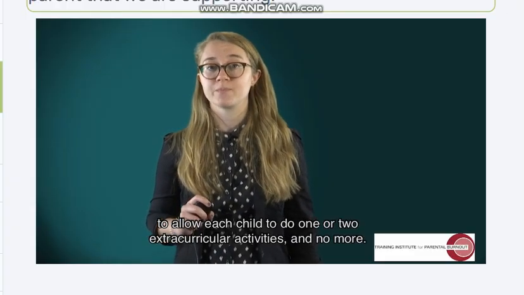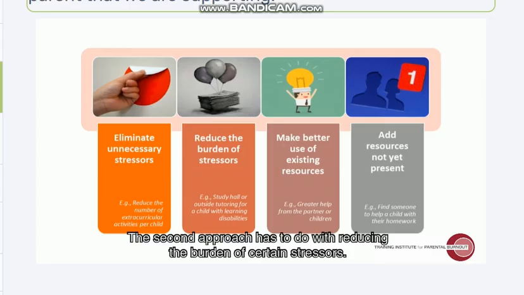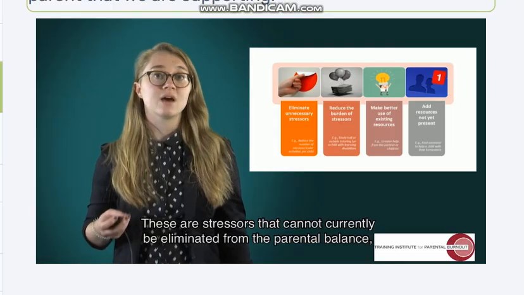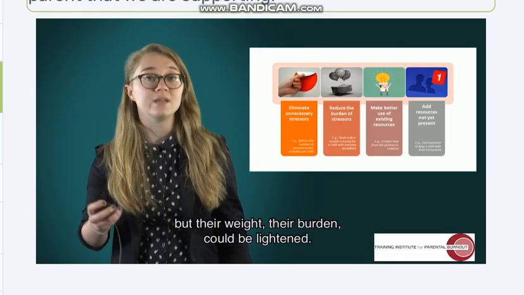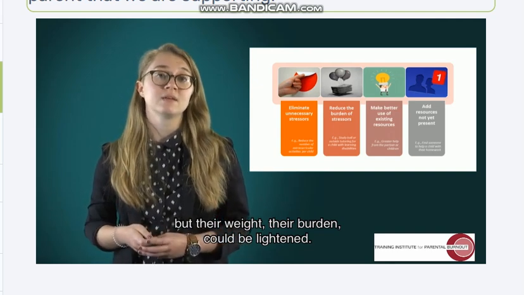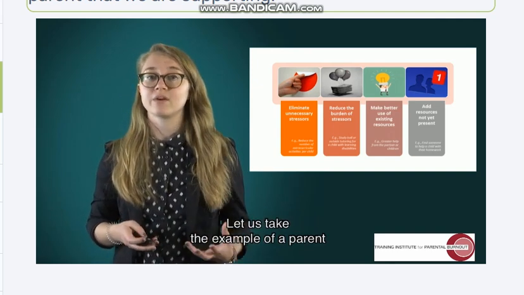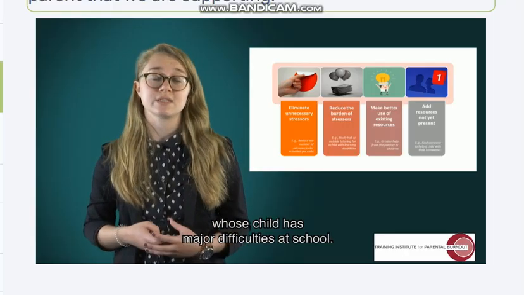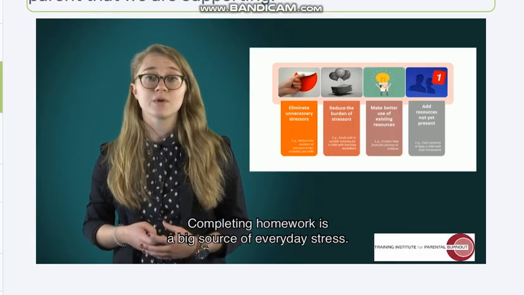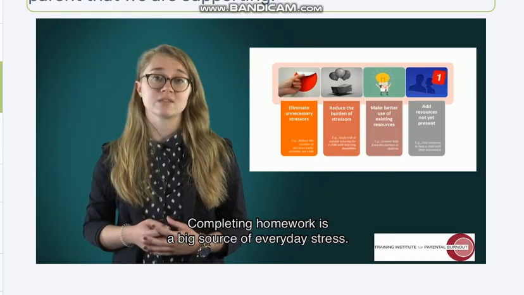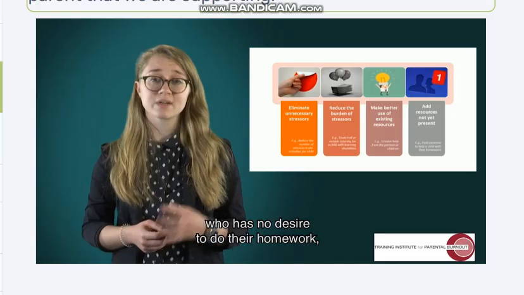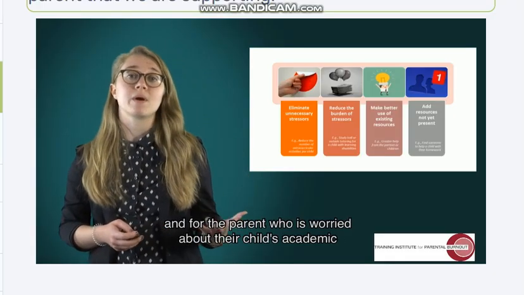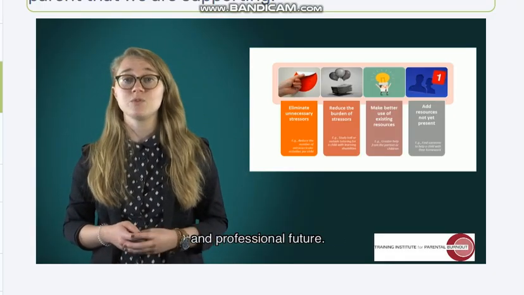The second approach has to do with reducing the burden of certain stressors. These are stressors that cannot currently be eliminated from the parental balance, but their weight, their burden could be lightened. Let us take the example of a parent whose child has major difficulties at school. Completing homework is a big source of everyday stress. It leads to a lot of frustration for the child who has no desire to do their homework, and for the parent who is worried about their child's academic and professional future.